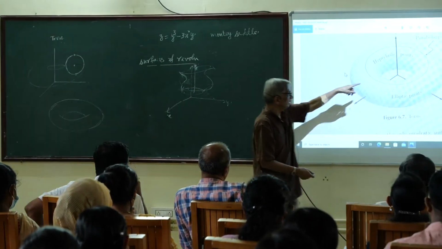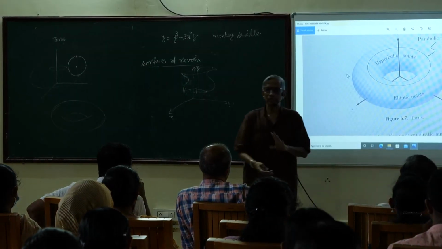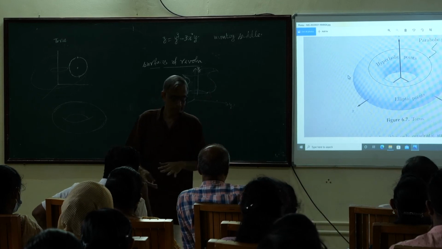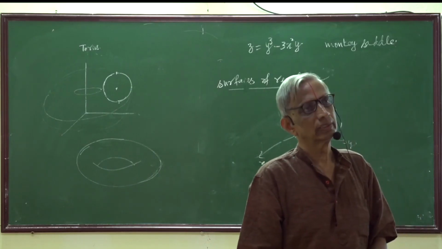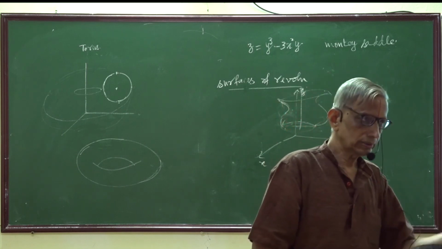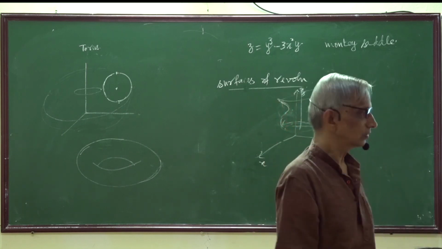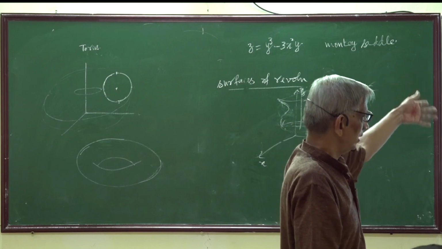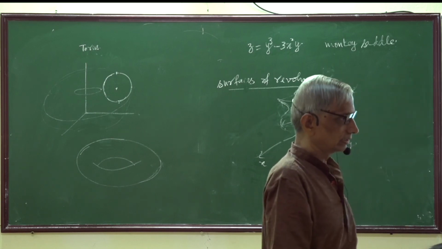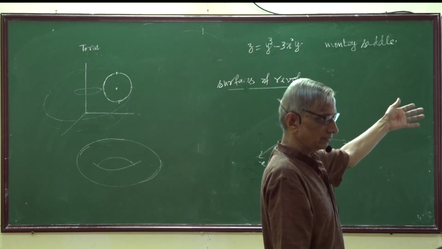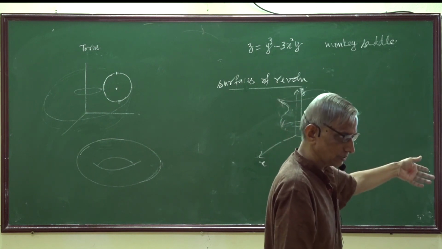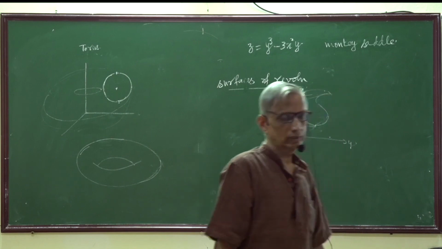And points on these two circles have zero curvature. Right? So on the torus, you have all three kinds of points. These are what are called hyperbolic, elliptic, and parabolic points. Hyperbolic points are those where the curvature is negative. Elliptic means positive curvature. Parabolic means zero curvature.